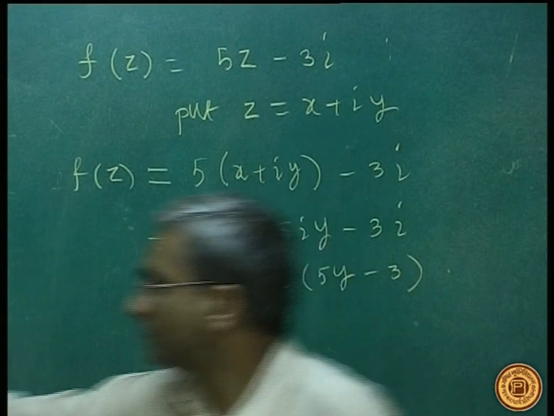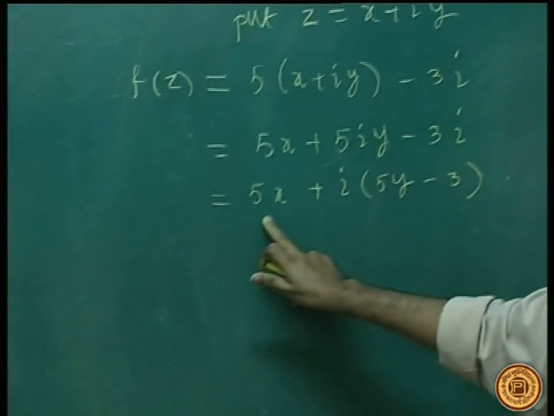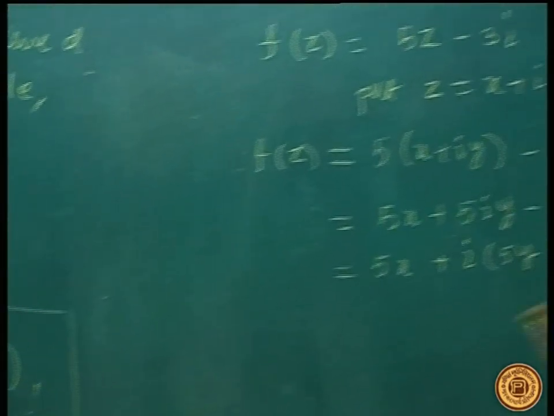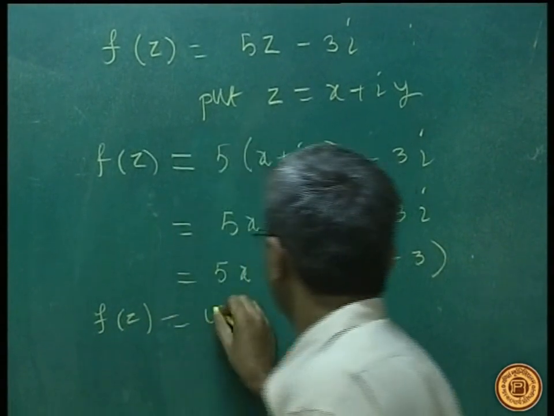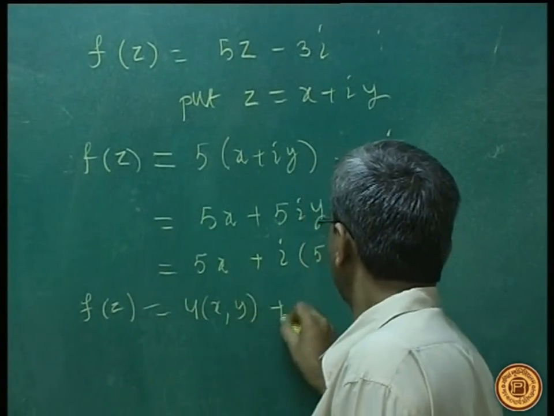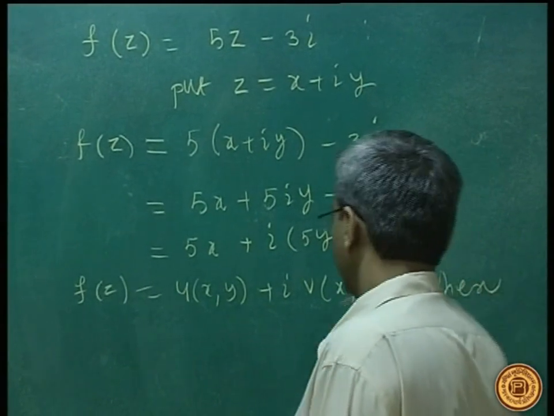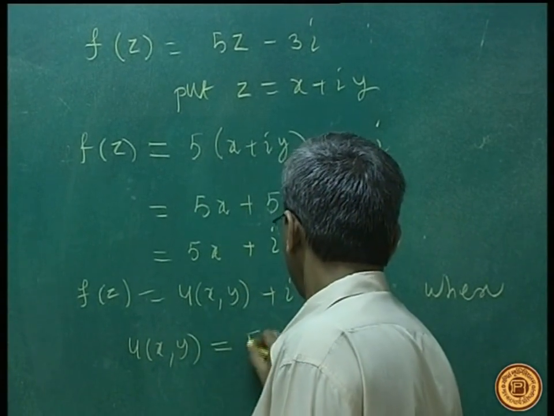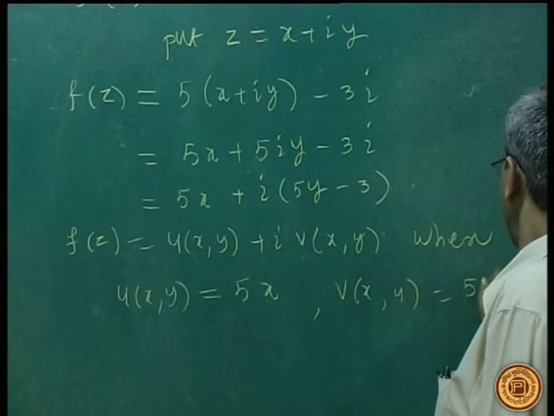Now see this. What is u(x,y)? u(x,y) is 5x. And what is v(x,y)? v(x,y) is 5y minus 3. So f(z) we have expressed as u(x,y) plus i times v(x,y), where u(x,y) is 5x and v(x,y) is 5y minus 3.